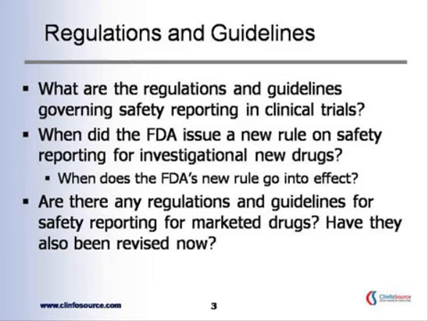International Conference on Harmonization, ICH, Good Clinical Practice, GCP, provides similar guidelines in Topic E6, Sections 4 and 5. These sections address the responsibilities of investigators and sponsors, respectively. Topic E2A discusses guidelines on definitions and standards for expedited reporting.